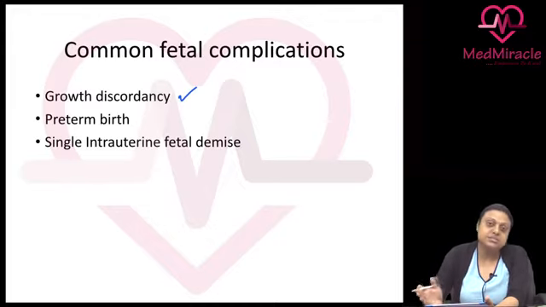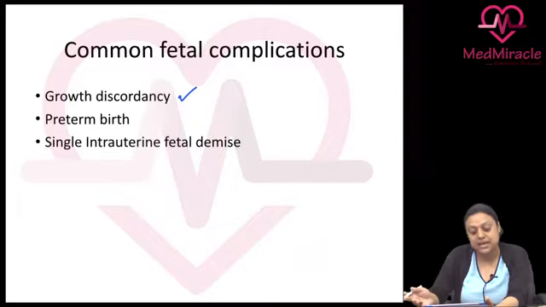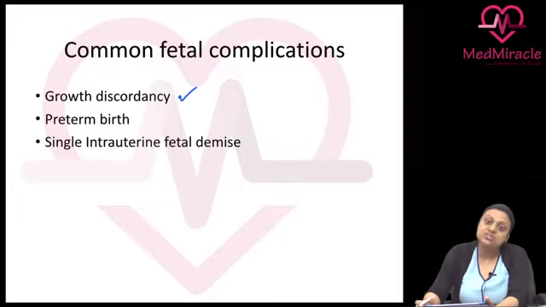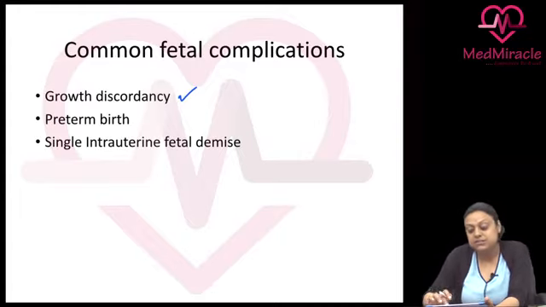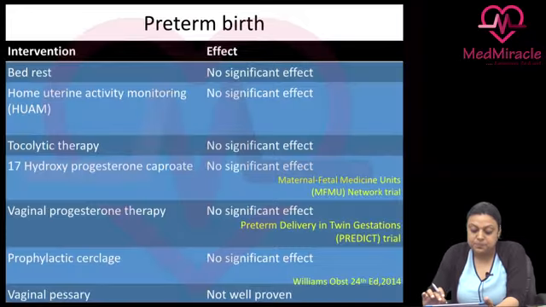Preterm birth occurs per se because of overdistension of the uterus and other factors involved in the maternal fetal HPA axis. Single intrauterine fetal death is another complication, in which case the other twin is also at risk, so early delivery, early termination of pregnancy, is required if there is single intrauterine fetal demise. Now, preterm birth, what can we do?